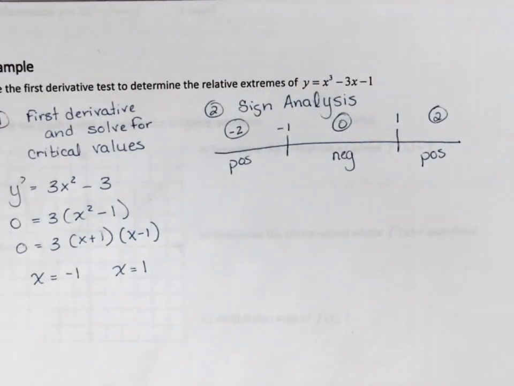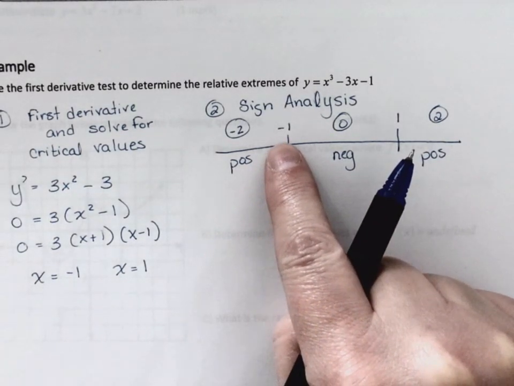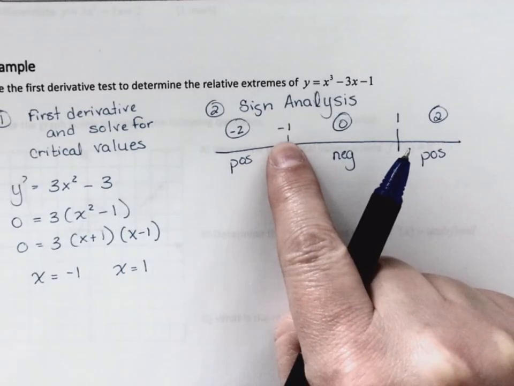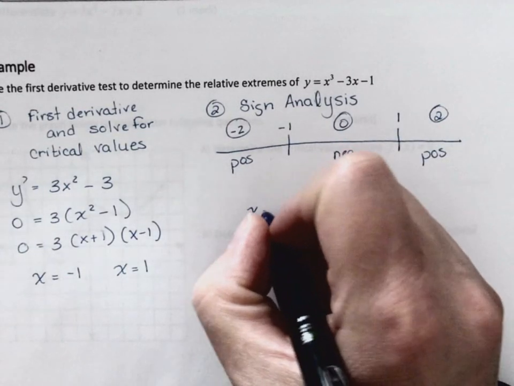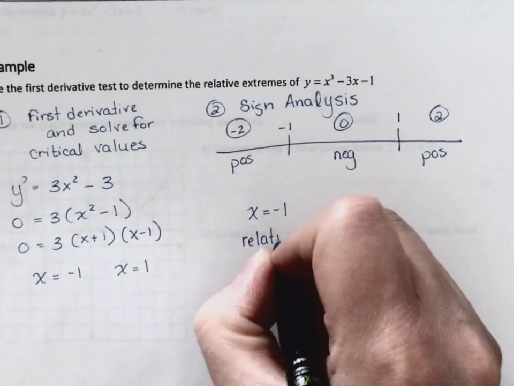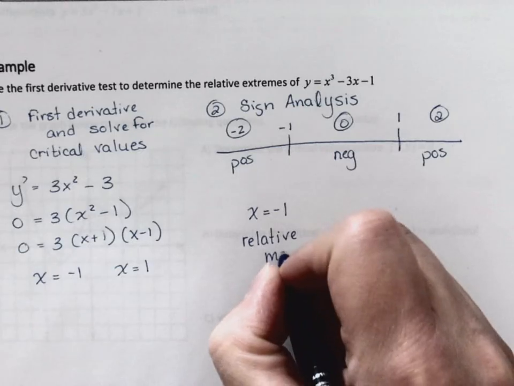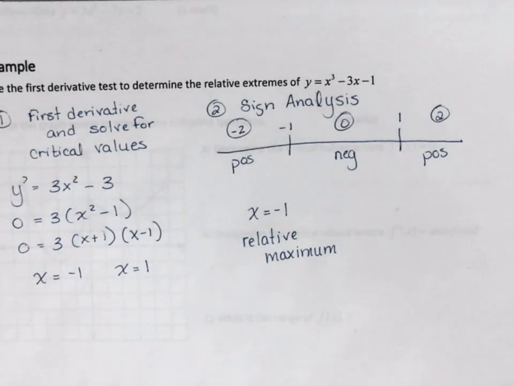Okay, so what do we know from this? It's increasing, and then once it reaches negative, so we're increasing, we're going up the mountain, we stop at a relative maximum, and then we start to go down. So we know x equals -1 is a relative maximum.